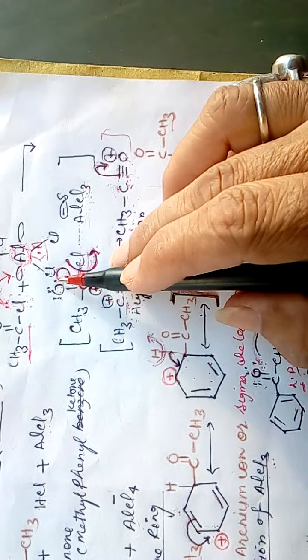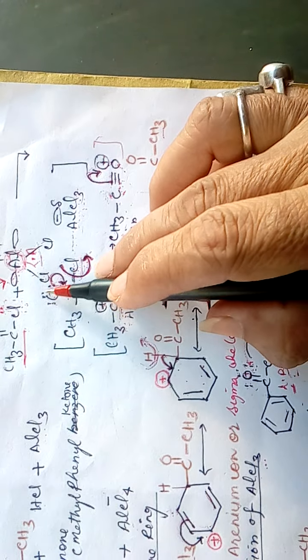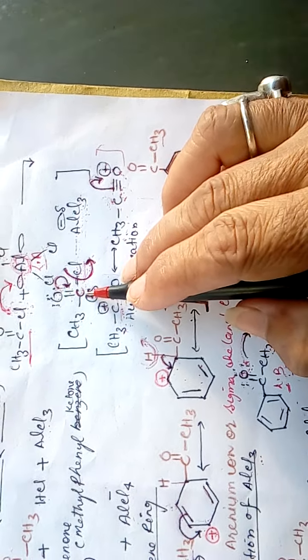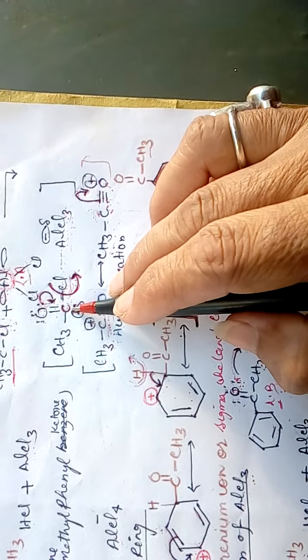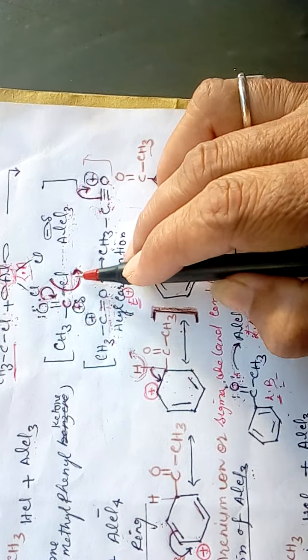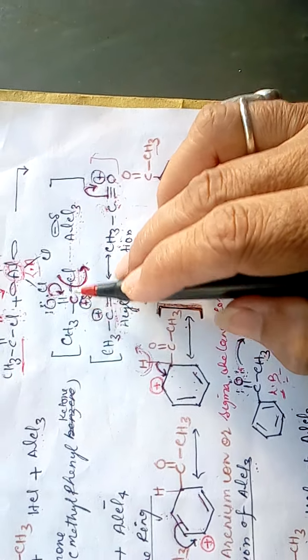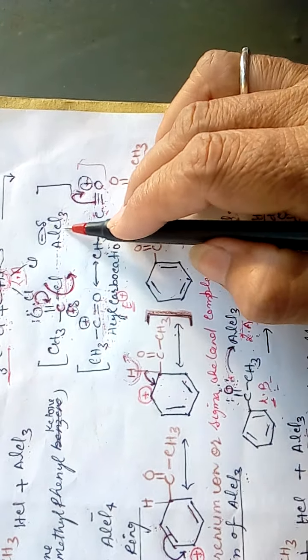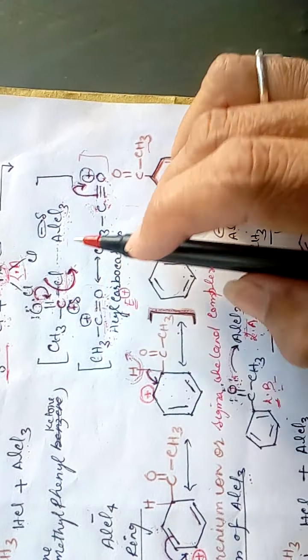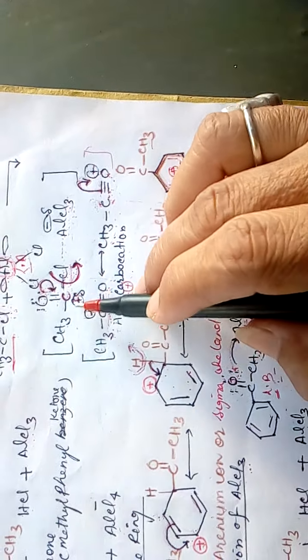At the time, the pi electrons present on the oxygen are shifted towards the carbon, and at the fraction of time, this Cl is released from the acyl chloride and forms AlCl4-. And here acyl carbocation is formed.